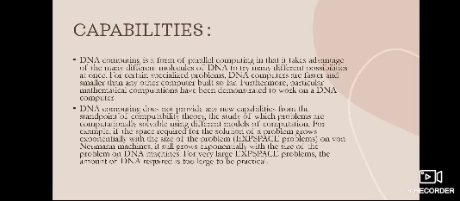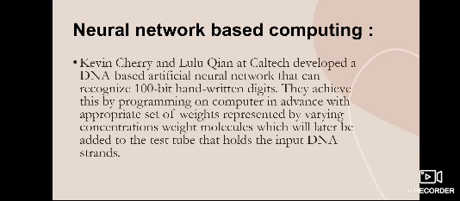DNA computing does not provide any new capabilities from the standpoint of computability theory, the study of which problems are computationally solvable using different models of computation. For example, if the space required for the problem grows exponentially with the size of the problem on Von Neumann machines, it still grows exponentially with the size of the problem on DNA machines. For very large problems, the amount of DNA required is too large to be practical.